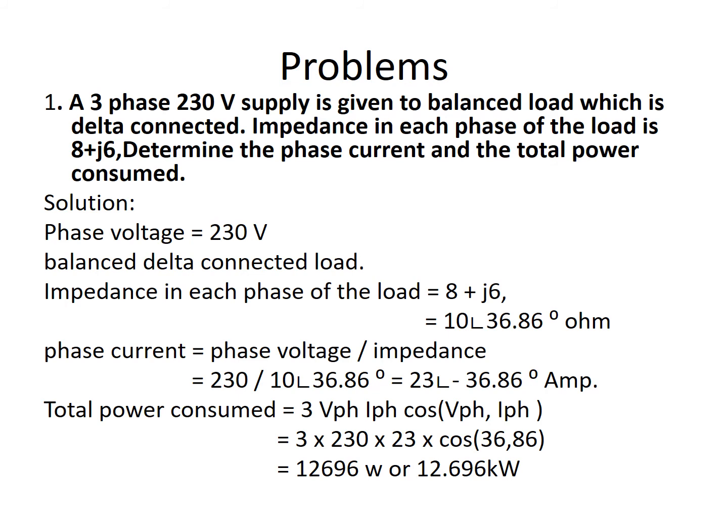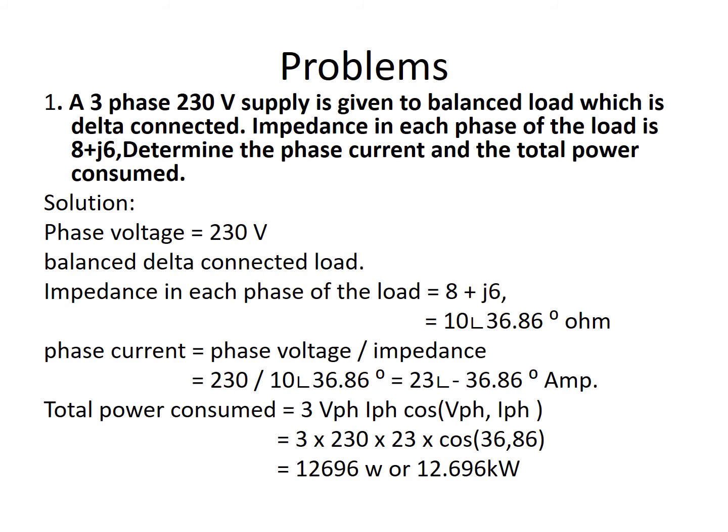So we will discuss a few problems in three-phase AC circuits. For example, the first problem: a three-phase 230 volt supply is given to a balanced load which is delta connected. The impedance in each phase of the load is 8 plus j6. Determine the phase current and the total power consumed. So here a 230 volt supply is given to the balanced load.